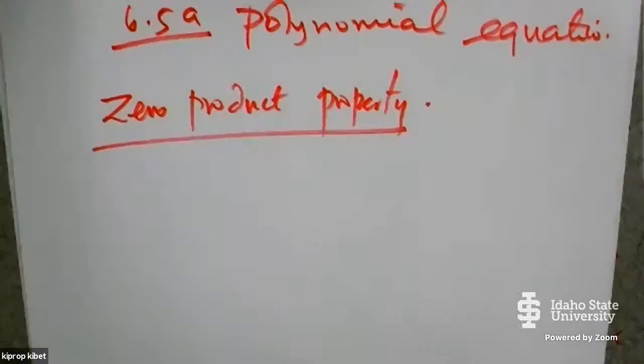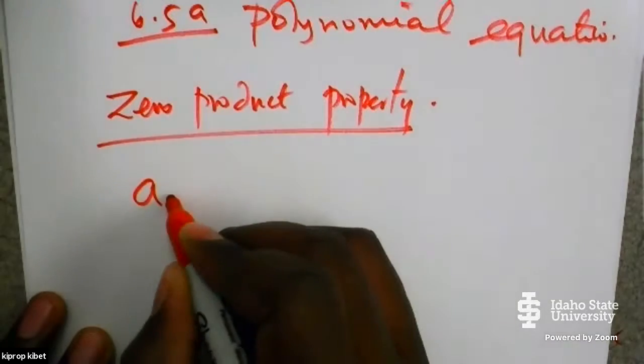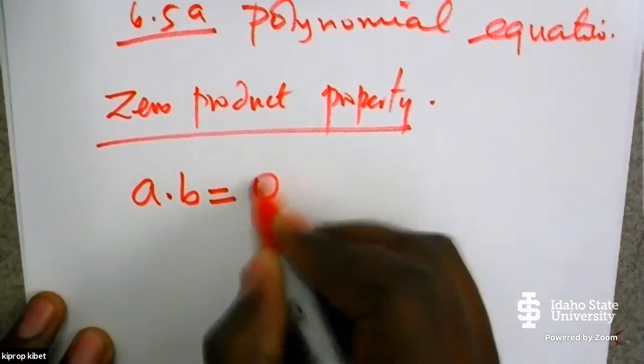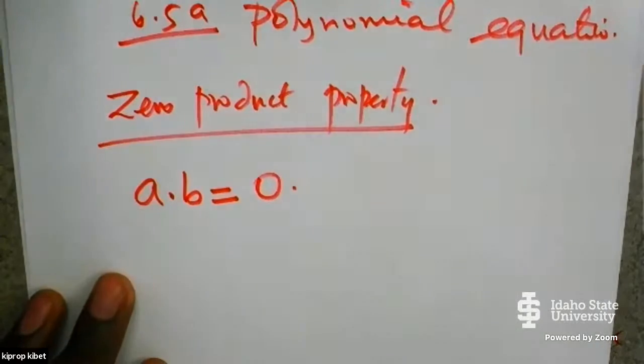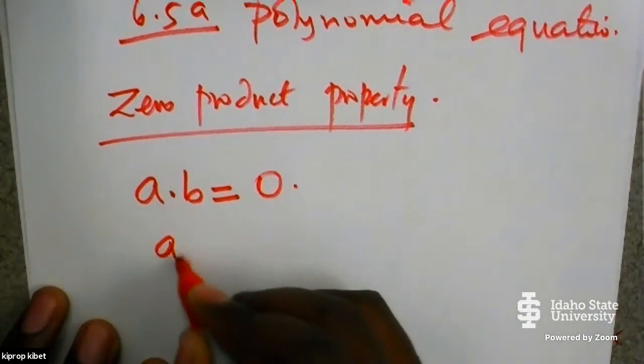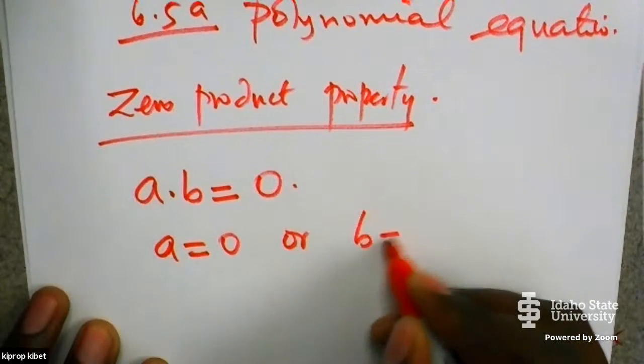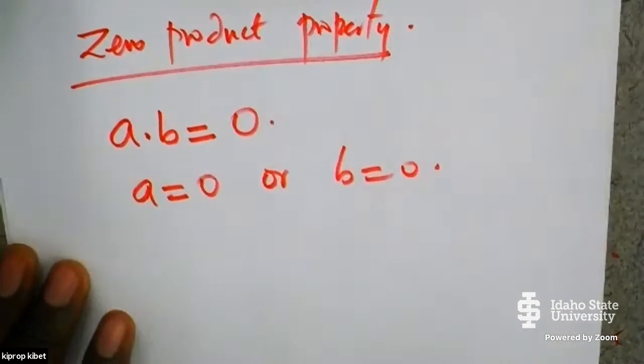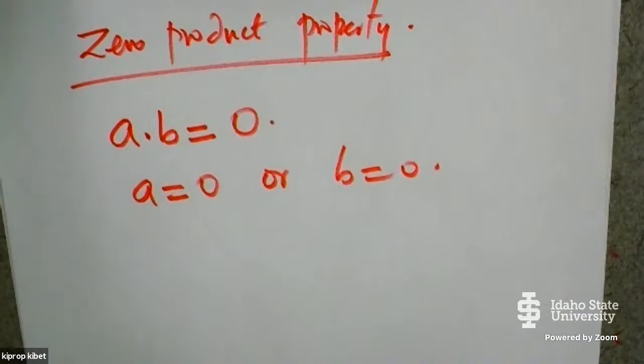Let's say A multiplied by B equals 0. You still remember this? So we were saying A equals 0 or B equals 0. So that is the zero product property.